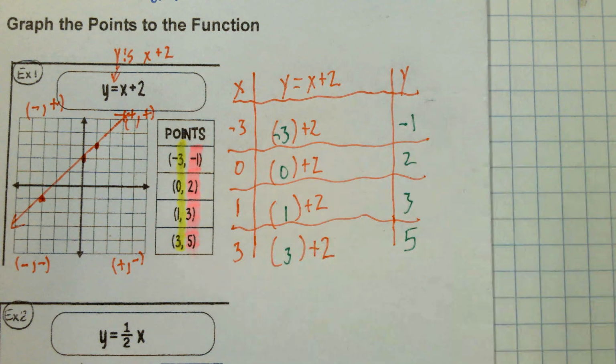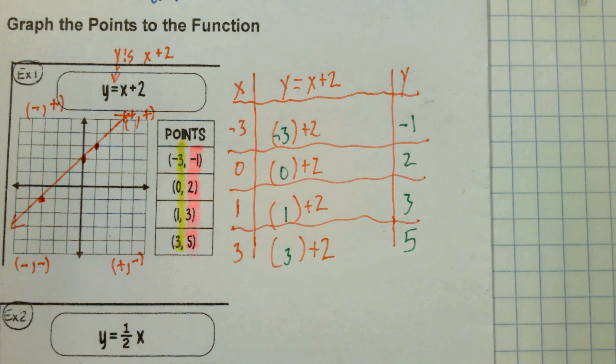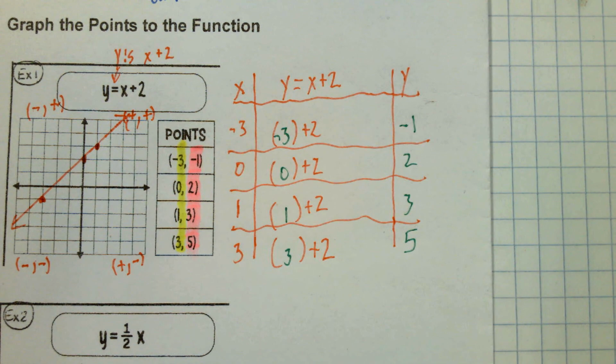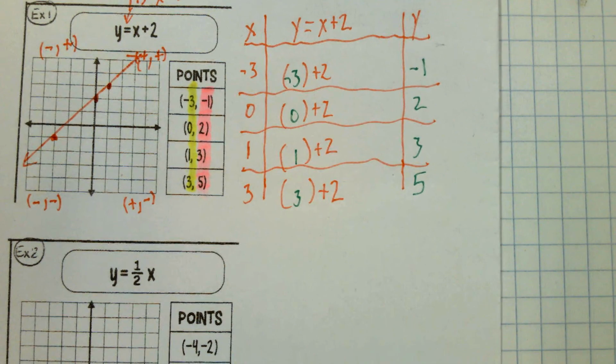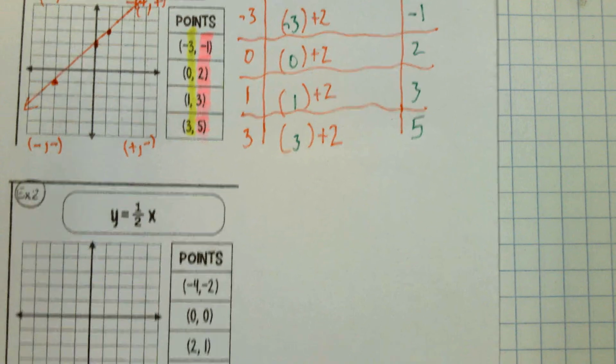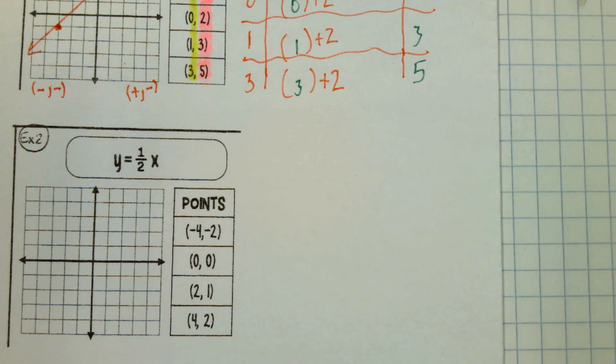So if you're done with the table, go on to number 2, and I'd like you to graph those points. Negative 4, negative 2, 0, 0, 2, 1, and 4, 2. Remembering our 4 quadrants.